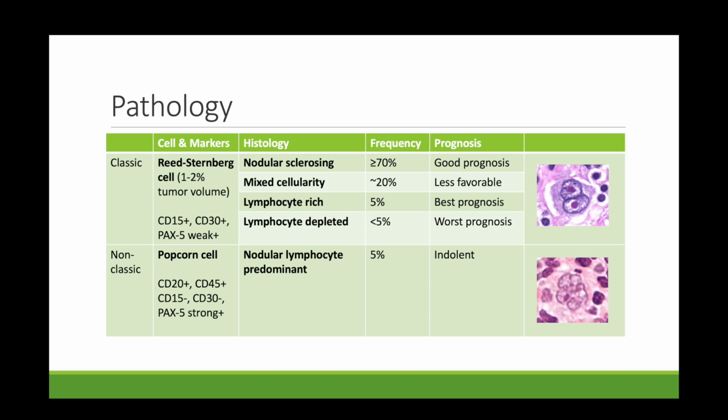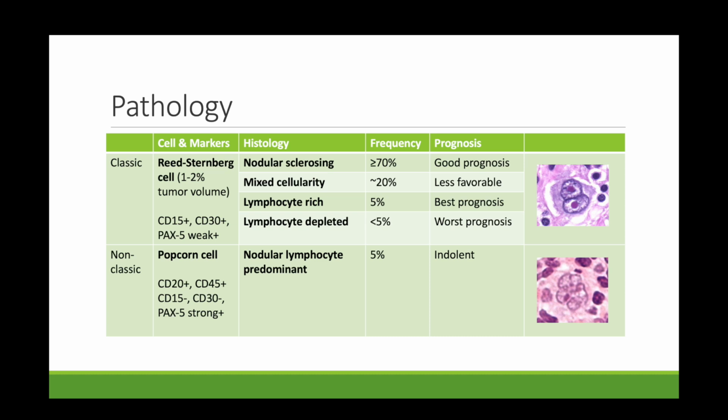Mixed cellularity is the next most common subtype, and it's less favorable compared to nodular sclerosing. And then rarely we might see lymphocyte-rich or lymphocyte-depleted subtypes. Lymphocyte-rich is associated with the best overall prognosis of these subtypes, and lymphocyte-depleted is associated with the worst prognosis.